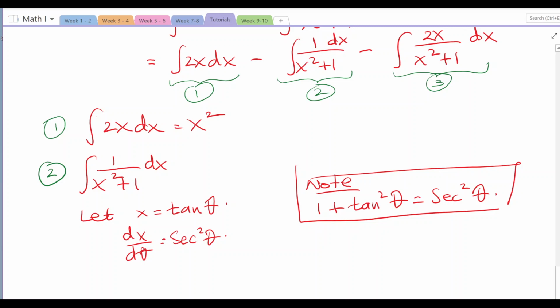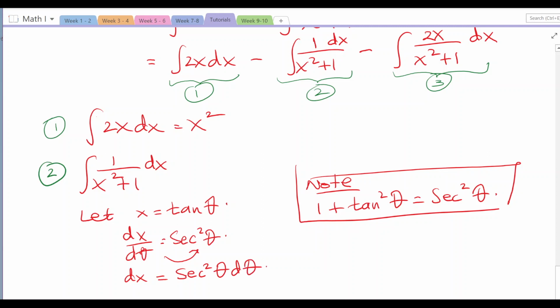That's the derivative of tan theta, which we can rearrange.